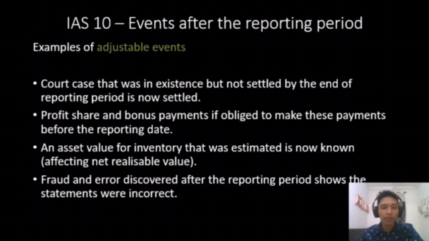And the last one, fraud and error discovered after the reporting period showing the statements were incorrect. We made the error before the reporting period and then discovered it after the reporting period, so we need to adjust. This is one example of an adjustable event.